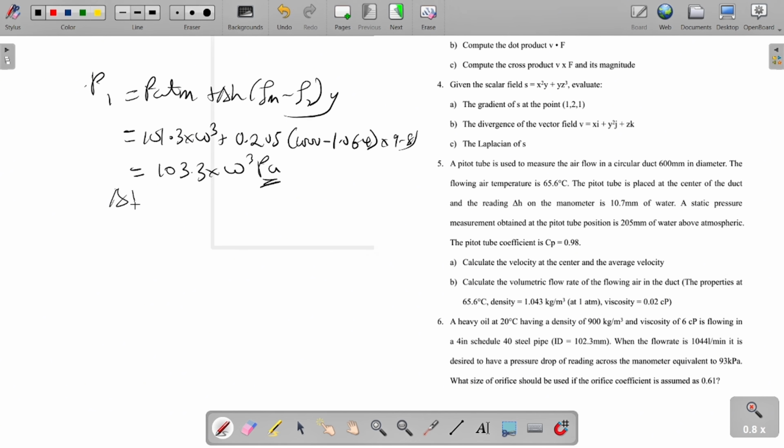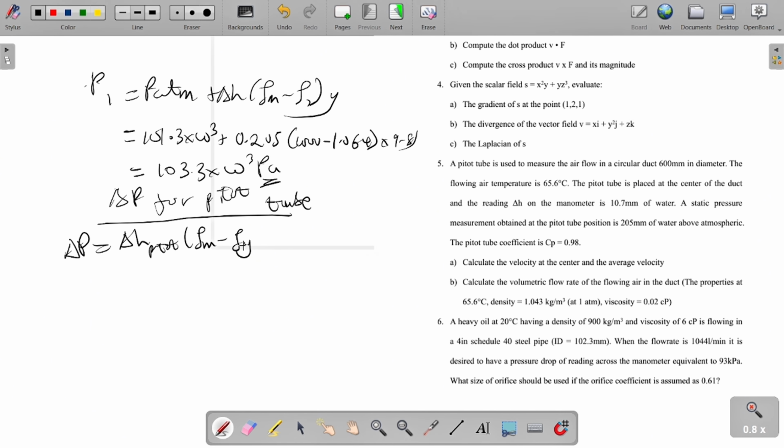Right, so now let's calculate the change in P for the Pitot. You see, we had a static pressure, then we had a manometer reading for the Pitot tube too. So the change in P becomes the change in H for the Pitot times the density of water and G. For this one it was 10.7 millimeters, so 10.7 times 10 to the power minus 3, times the density of water 1000 minus the new density, that's what we are working with now, times 9.81.